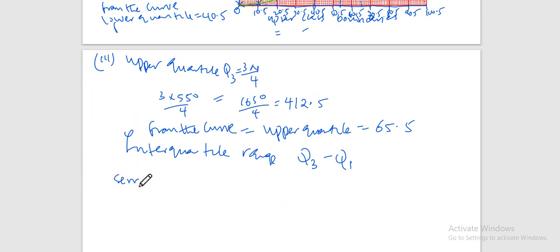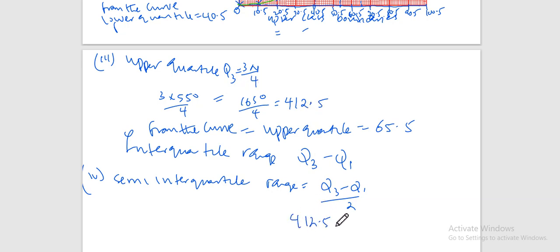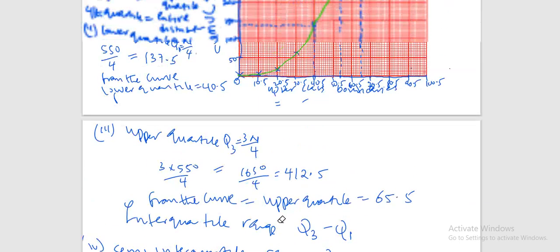Now the semi-interquartile range is Q3 minus Q1 divided by 2.